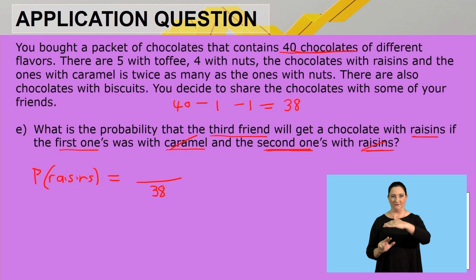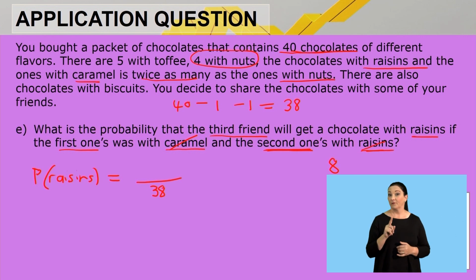But what else is important? Okay, we started off by indicating the number of raisin chocolates, right, is how many again? Yes, we said it's 8. Okay, and I'll write that down here. Remember, in the first question, we determined that the chocolates with raisins and the ones with caramel is twice as many as the ones with nuts. So therefore, the total amount of raisins was actually 8.